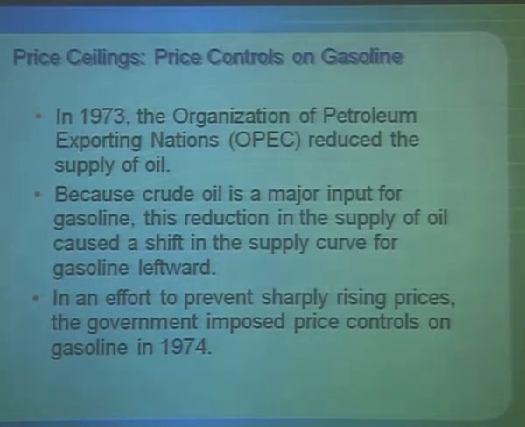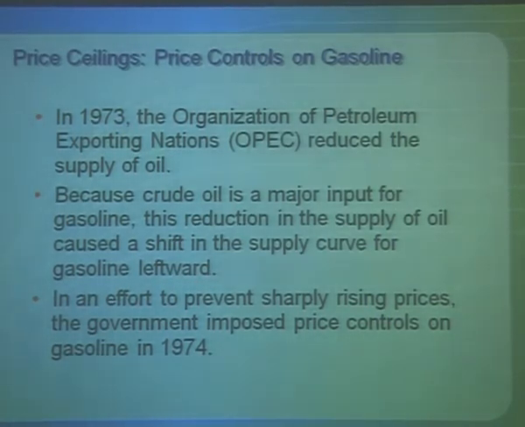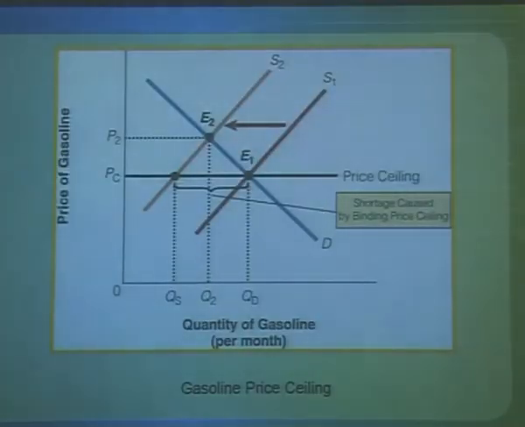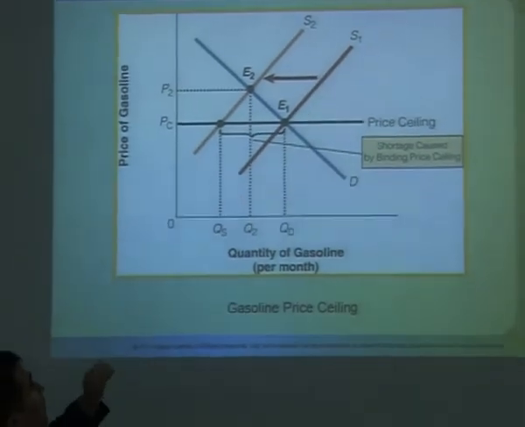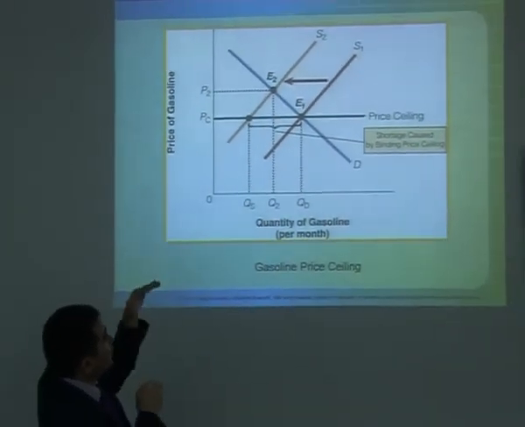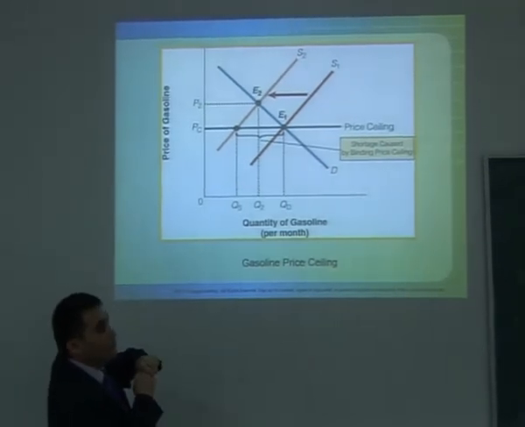And what's going to happen if supply shifts to the left? Price will definitely go up. So it says there were sharply rising prices, and the government imposed a price control on gasoline. Okay, let's see it on a graph. So what's going to happen first? In the first situation, with S sub 1, previously there was an E sub 1 equilibrium point.